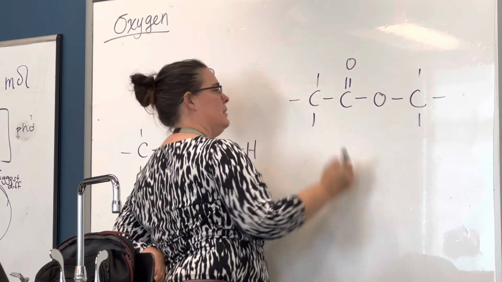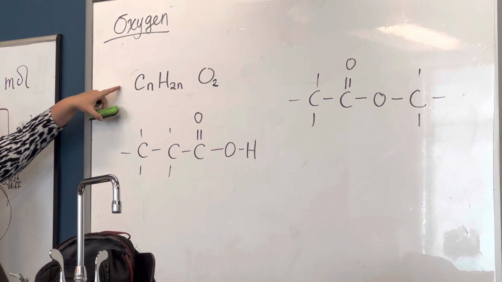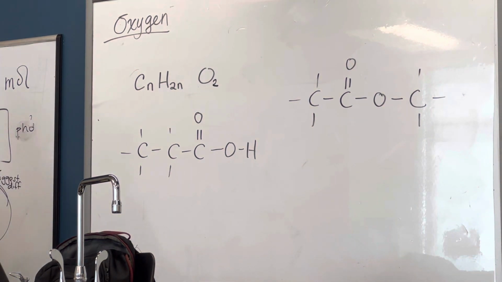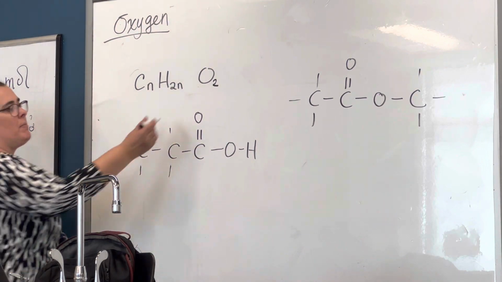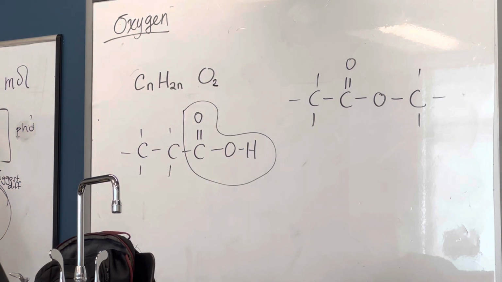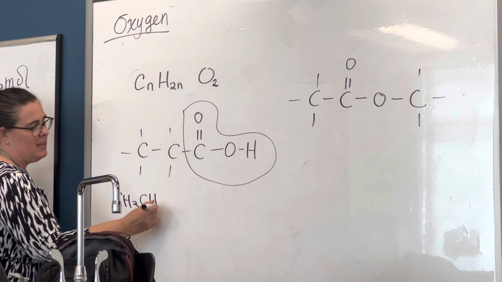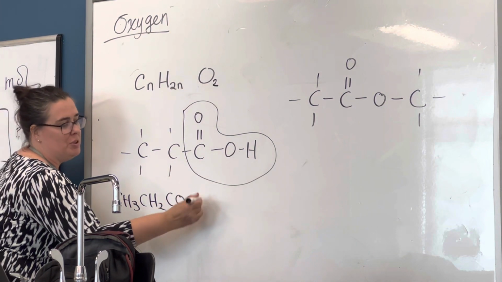Are these new structural isomers? These are a new set of structural isomers, because I changed that formula. Now there are 2 oxygens in it. When the 2 oxygens on the end form this group, you guessed it, I call it a COOH. That's because when you write the structural formula of this, you write COOH.